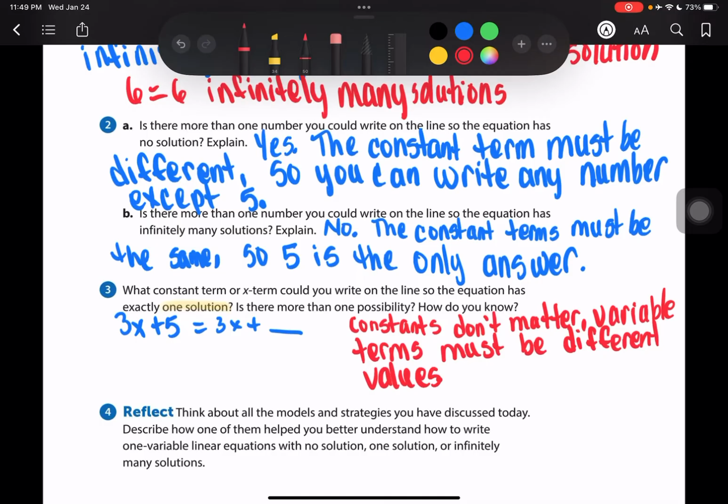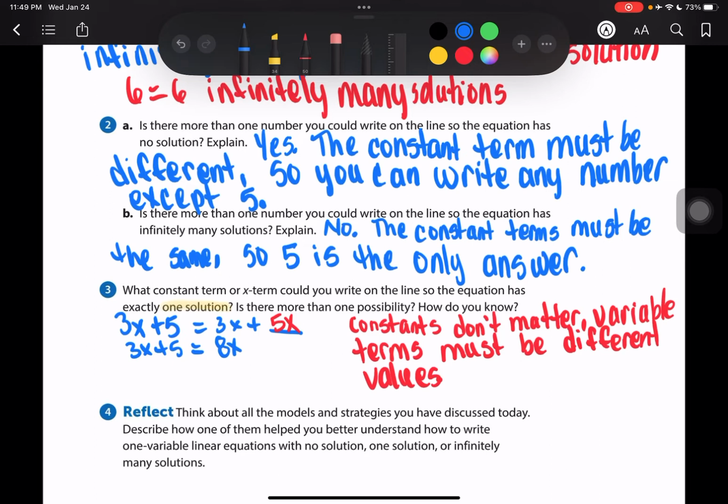Okay, so if I put on this blank any number other than 0x, I can find one solution. Okay, I can solve for x. If I continue to solve, this will give me 3x plus 5 equal to 8x.